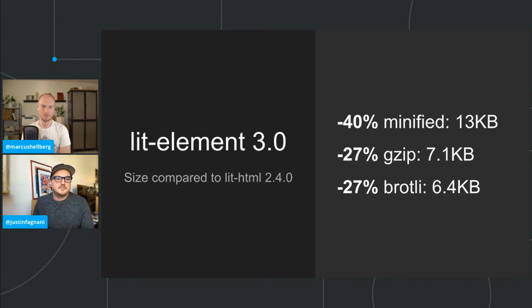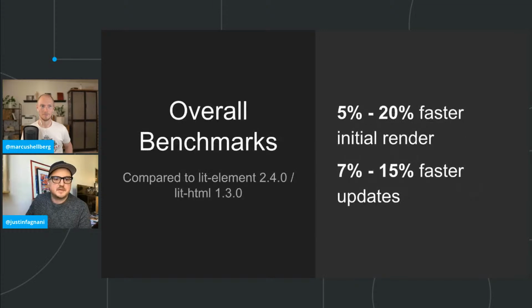On LitElement, we're actually 40% smaller minified and 27% smaller gzip and Brotli. So this should be very good for small, minimal components and apps that want to have less code to parse and less code to send over the network. So we're very happy with these results in light of the new features.